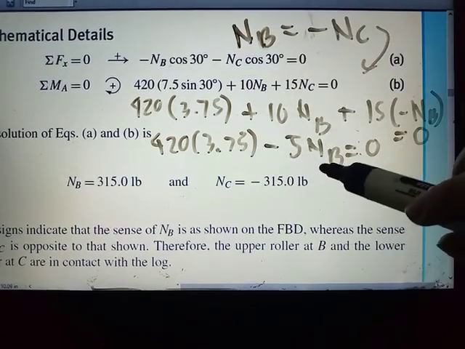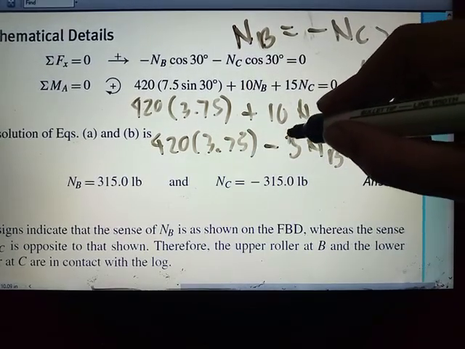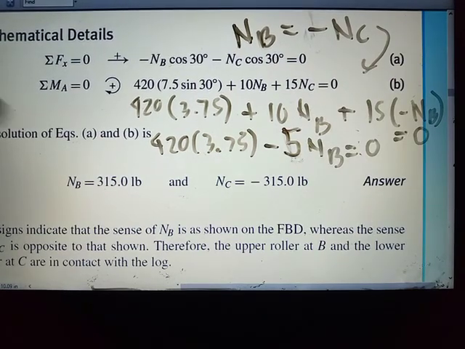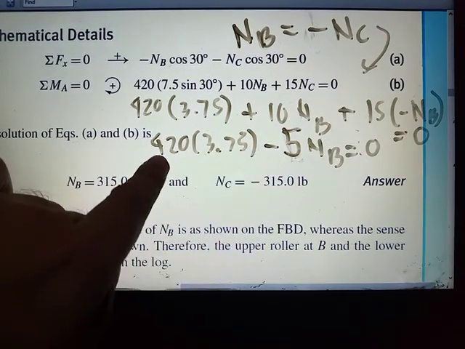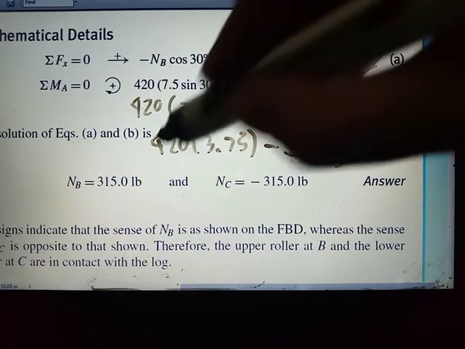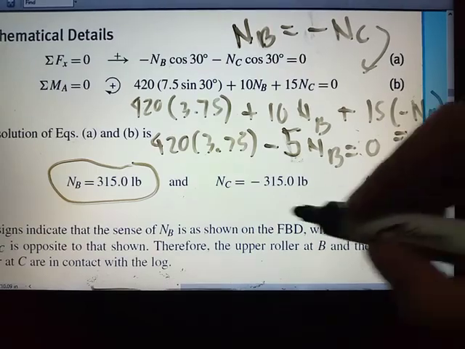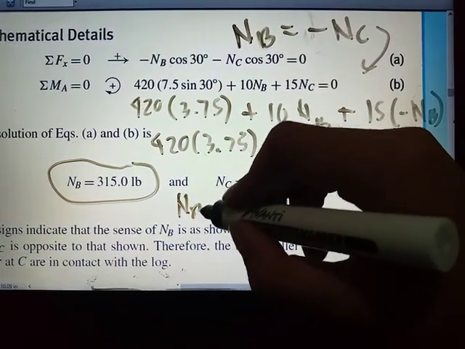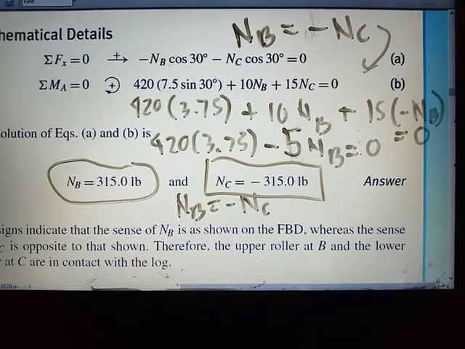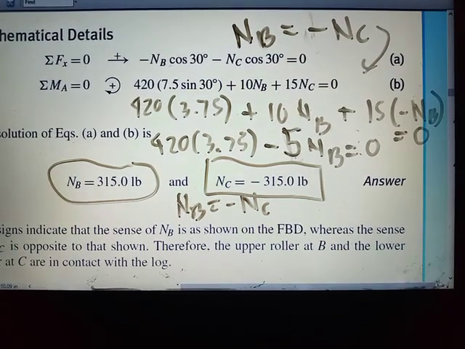When you simplify, 5 NB, 420 times 3.75 divided by 5, it becomes 315. And since NB is equal to negative NC, it becomes 315 pounds. That's how the solution was obtained.